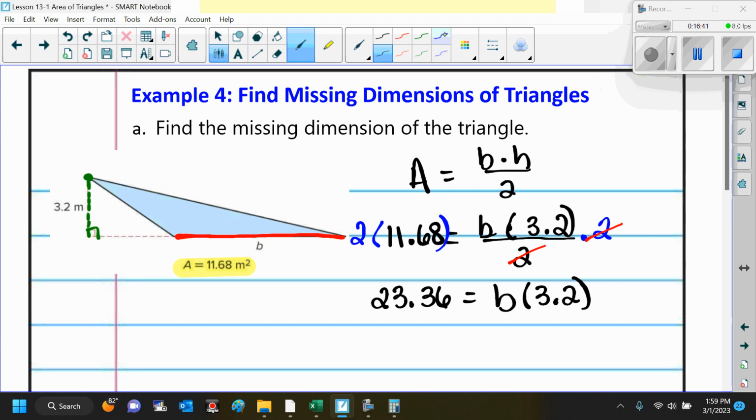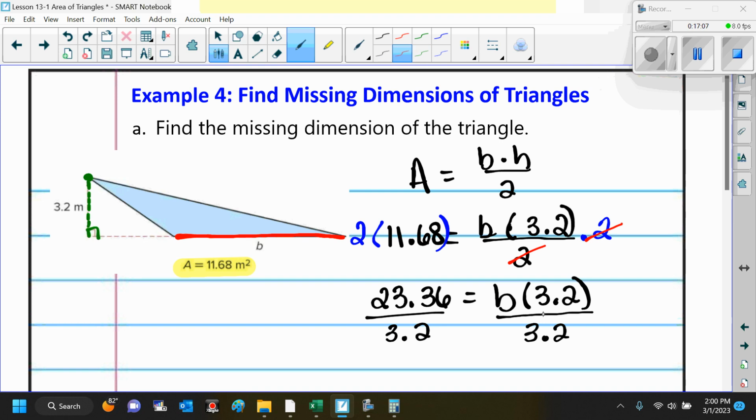Now, how do I get this B by itself? Well, cover up the B. That means we want to get rid of the 3.2. Because it says B times 3.2, that means we are going to divide by 3.2. Okay? So we're going to divide by 3.2, and if I divide on one side, I have to divide on the other side.